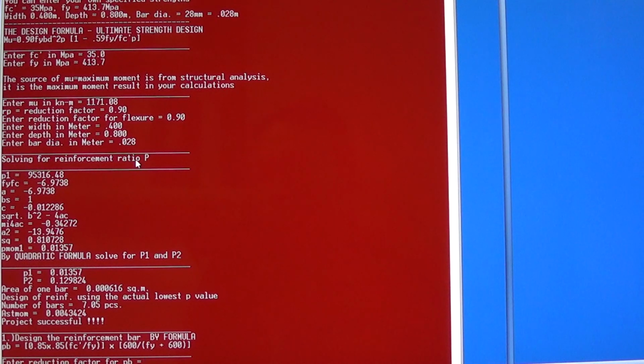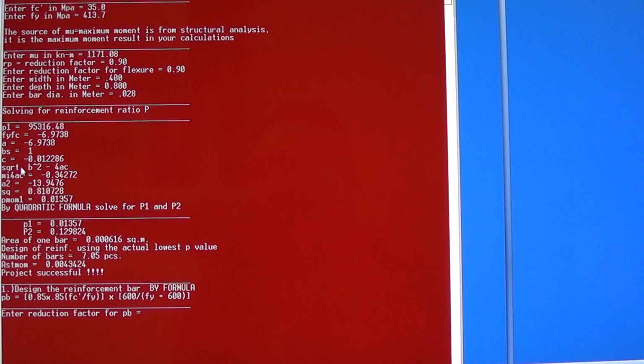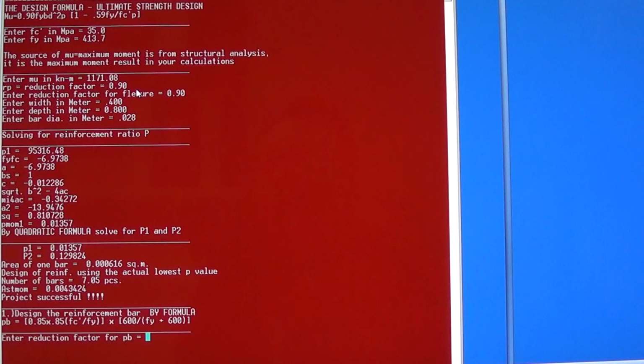Solving for reinforcement ratio P. P1 is the balanced reinforcement ratio. Alright, and then you can solve that from this formula here. There's P here and there's P over here too.